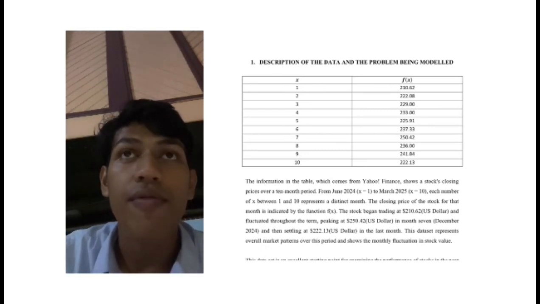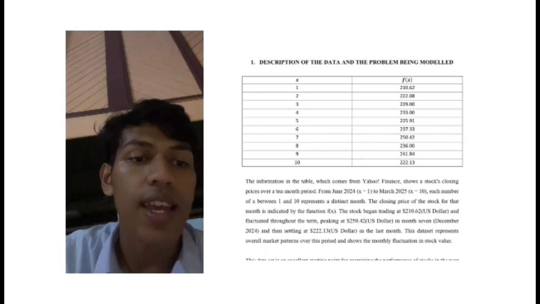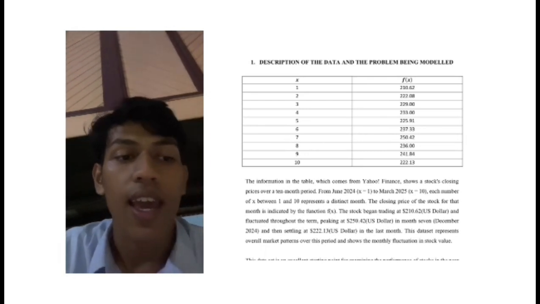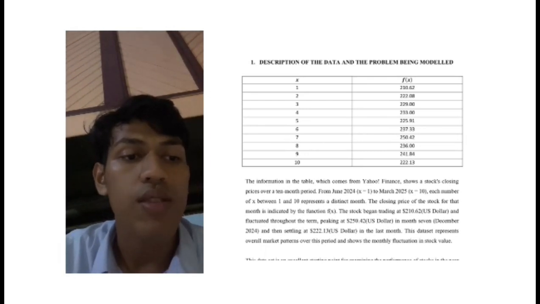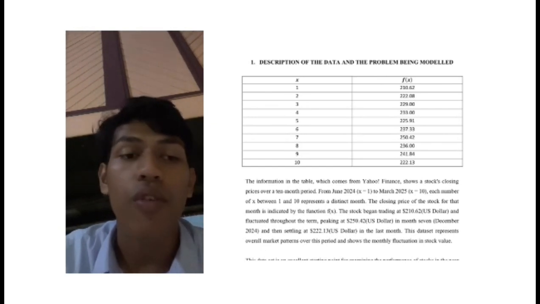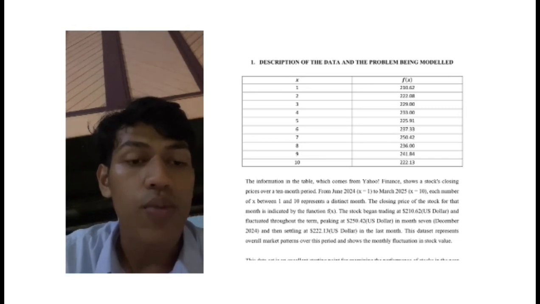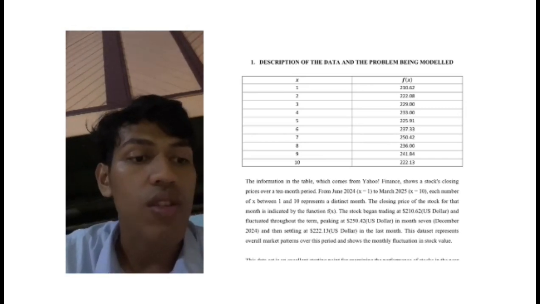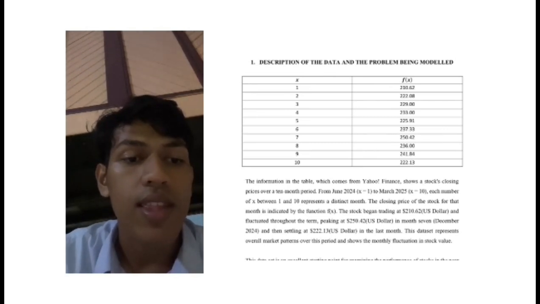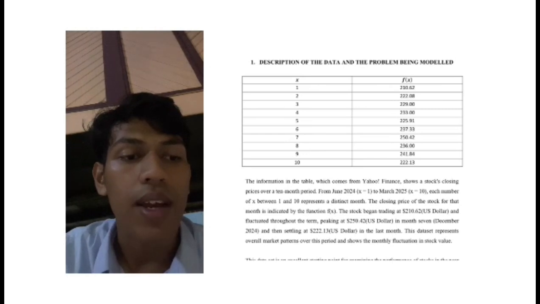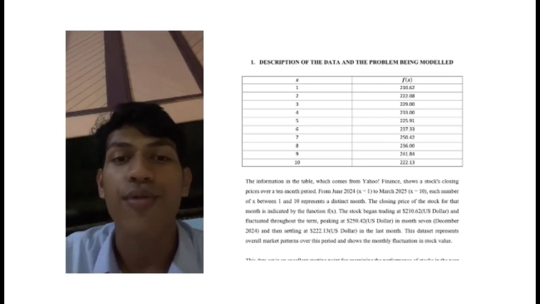The stock began from 210.62 US dollars and fluctuated throughout the term, peaking at 250.42 US dollars in month 7, which is in December 2024, and then settling at 222.13 US dollars in the last month. This data set represents the overall market pattern over this period and shows the monthly fluctuation in stock value.